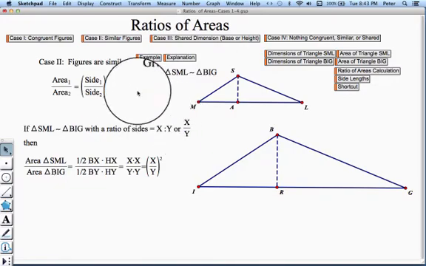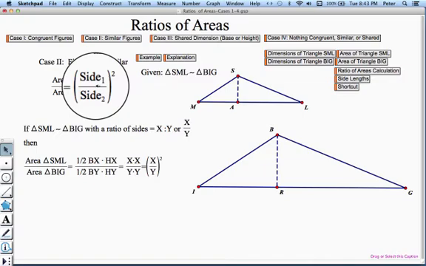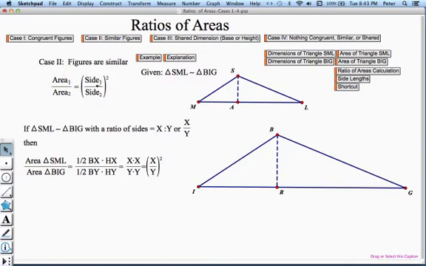So that becomes our shortcut for finding the ratio of the areas if we know figures are similar. Area 1 to area 2 equals side 1 to side 2 squared. Make sure that's in your notes. That's very important. As you should also have the fact that when the figures are congruent, as they are in case 1, the ratio is 1 to 1. Okay, let's move on.